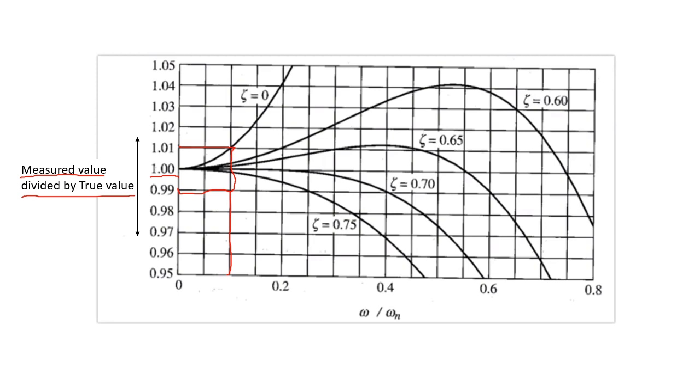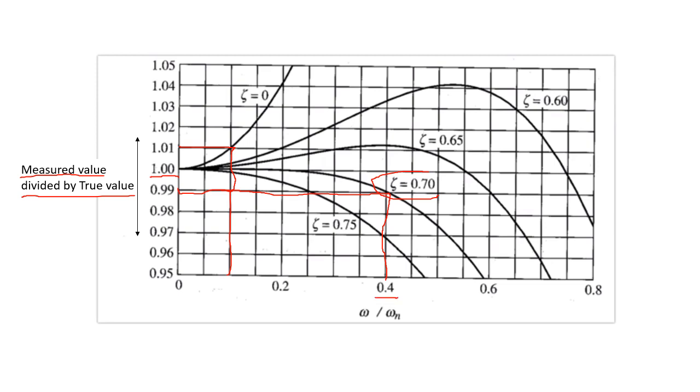But if you take a zeta of say 0.7, a damping ratio of 0.7, and you want the reading to have an error less than 1%, then you can go up to this point and have omega by omega n equal to 0.4.